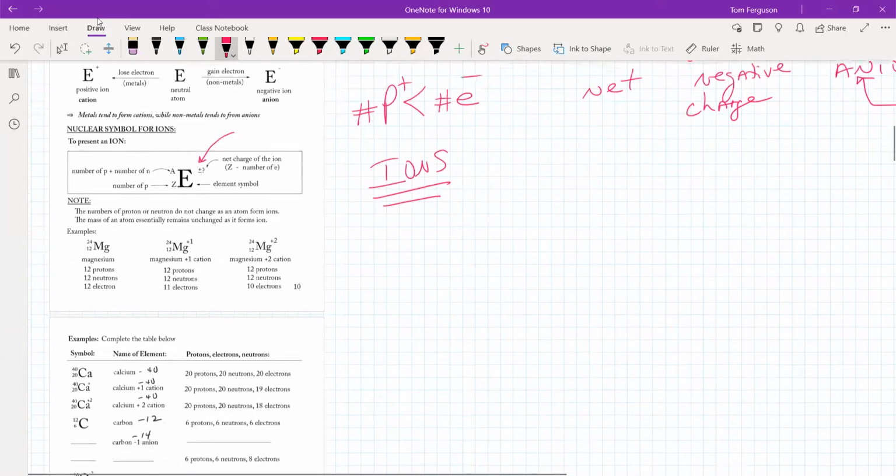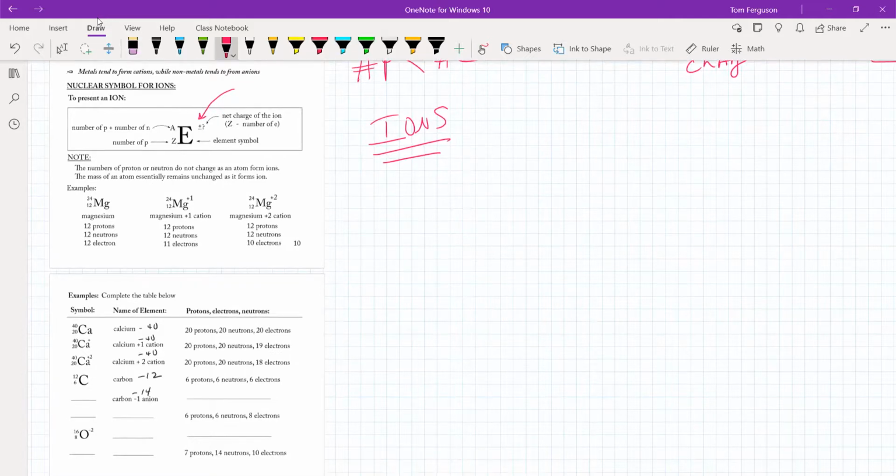So looking down here, looking at magnesium, magnesium has got a Z of 12, or an atomic number of 12. We have 12 neutrons. That means we have 24 total for the atomic mass of that isotope.